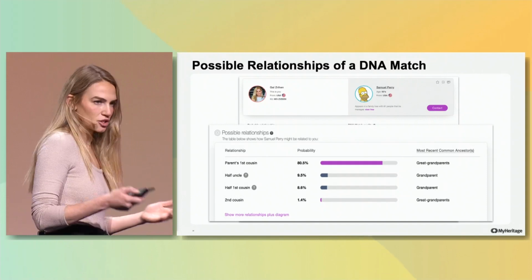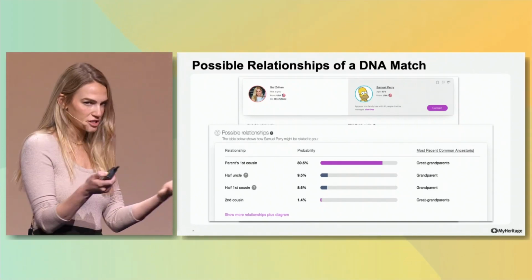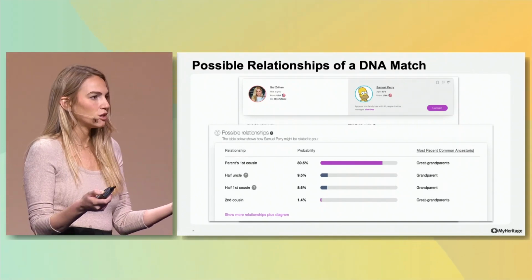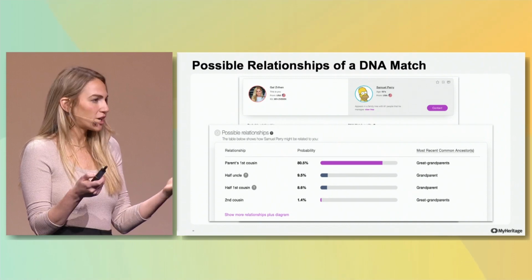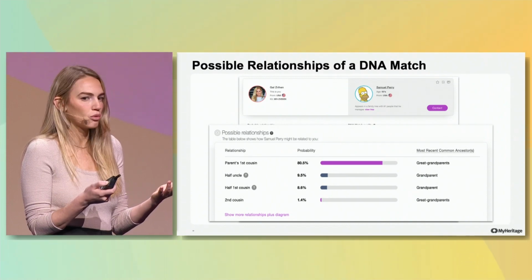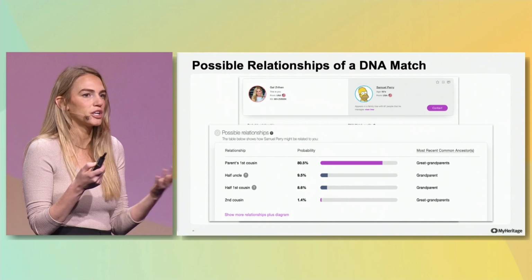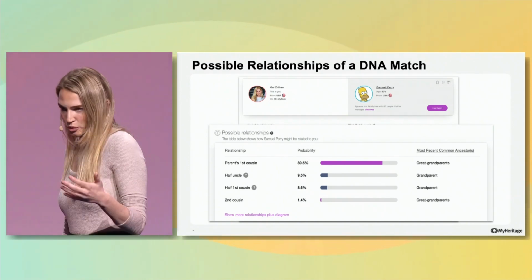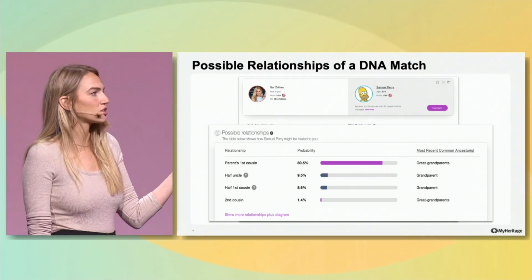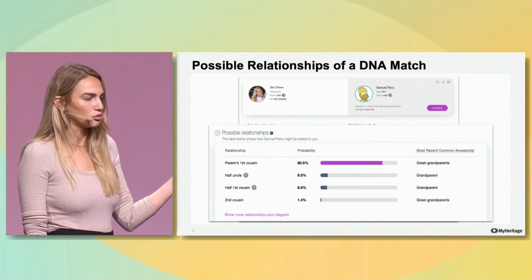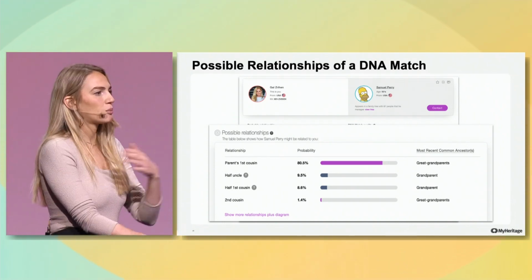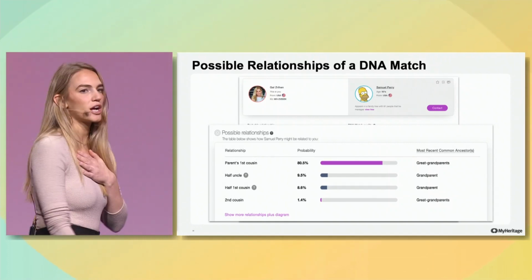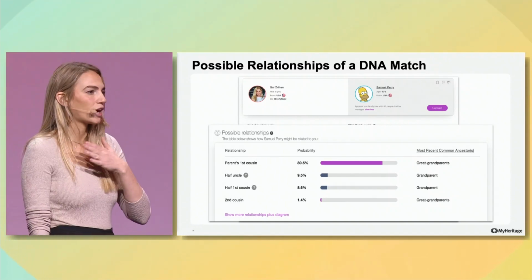And going back to the research question, we said, we want to know how this DNA match is related to me, right? But in some cases, or most cases, we also want to know through whom. Who is the common ancestor in that case? So what we did is we also added here the most recent common ancestor with respect to you. So when I'm looking at my parents' first cousin, I know the common ancestors of me and him are my great-great-parents.